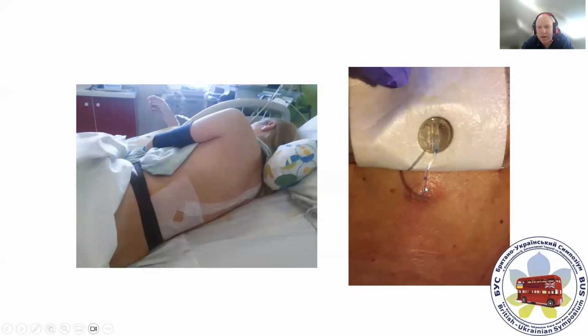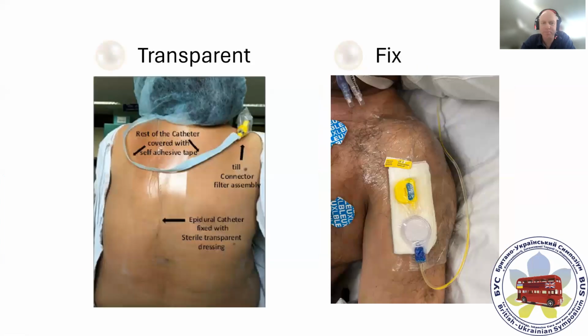Because the Lockit causes skin to sweat, and it's a perfect breeding ground for bugs and catheter-related infections, as well as pressure area damage. So we advocate just using Tegaderm or a clear, transparent dressing, so that the insertion site and any tunneling sites can be seen.